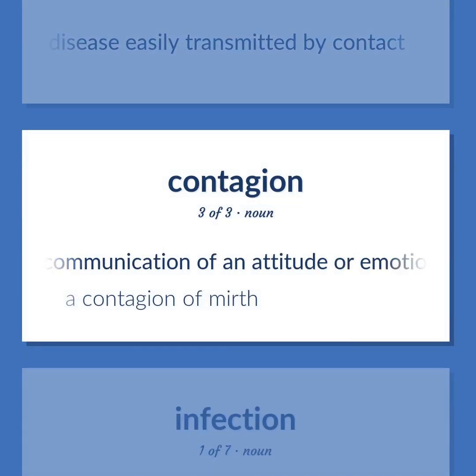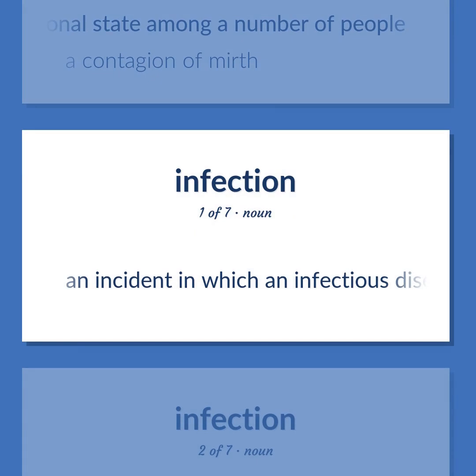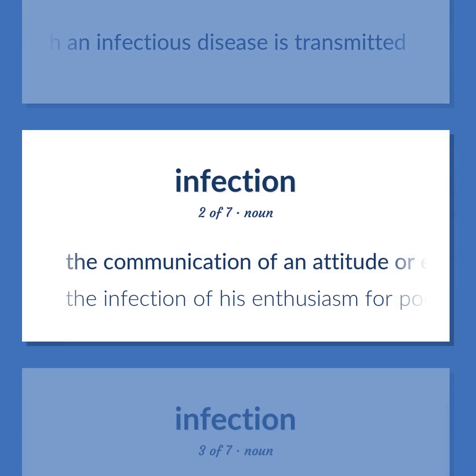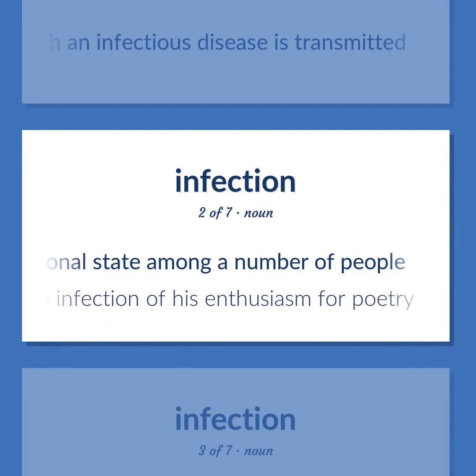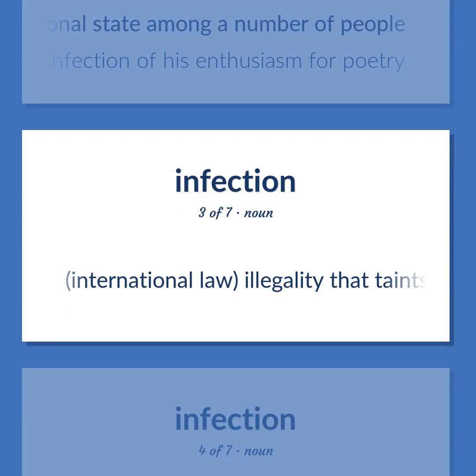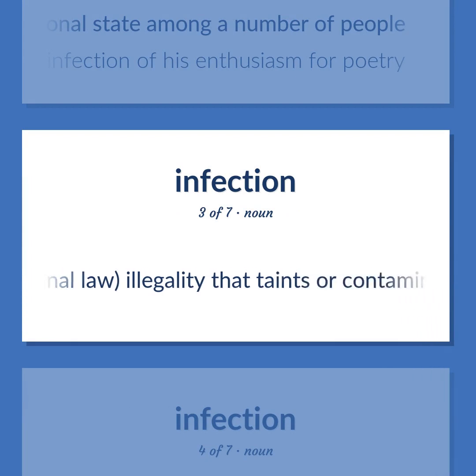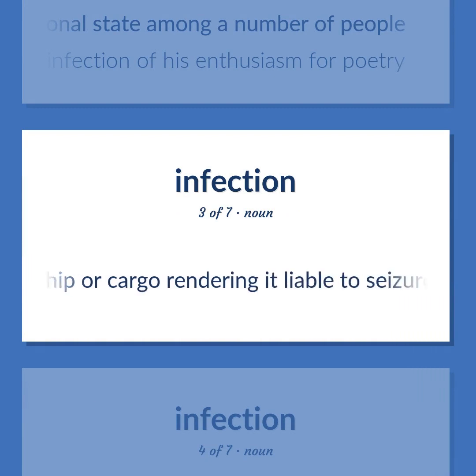The communication of an attitude or emotional state among a number of people. A contagion of mirth. An incident in which an infectious disease is transmitted. The communication of an attitude or emotional state among a number of people. The infection of his enthusiasm for poetry. International law: illegality that taints or contaminates a ship or cargo, rendering it liable to seizure.